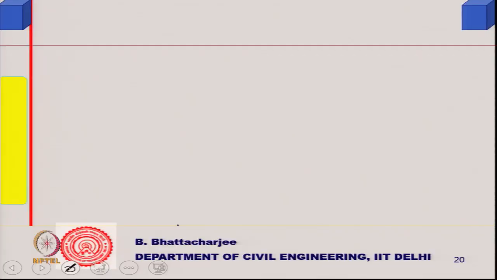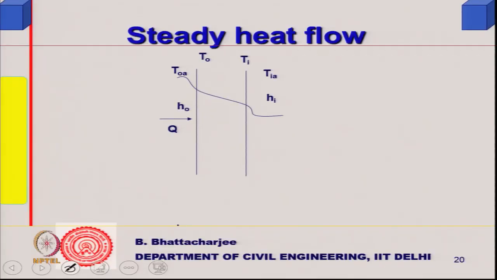But there is one more thing remaining. As I said, a surface is never solid; a surface is always in contact with a fluid. So if the outside air temperature is TOA, the outside surface temperature is TO, the inside surface temperature of the wall is TI, and the inside air temperature is TIA, then heat transfer will occur there too, because there is a temperature difference.